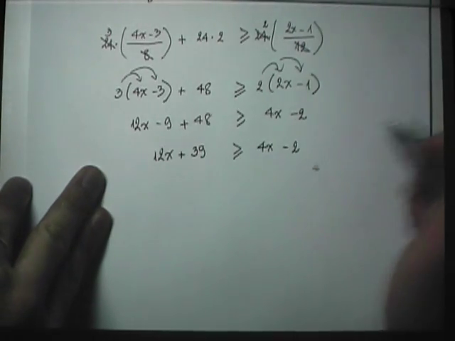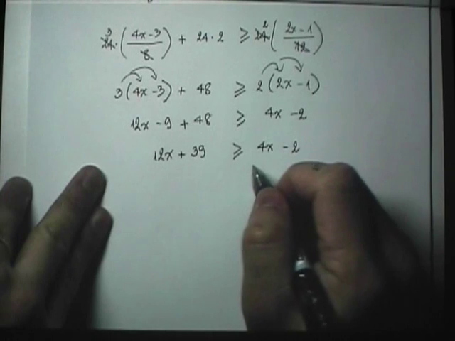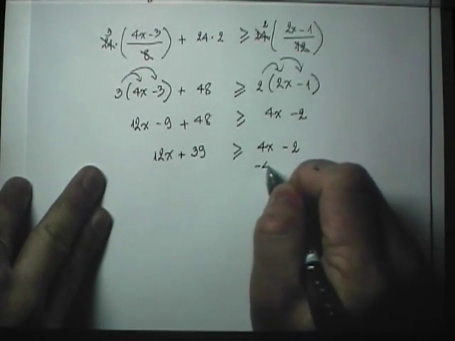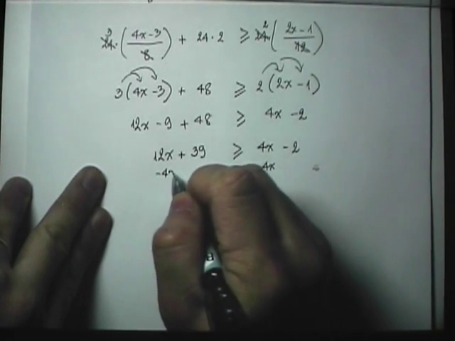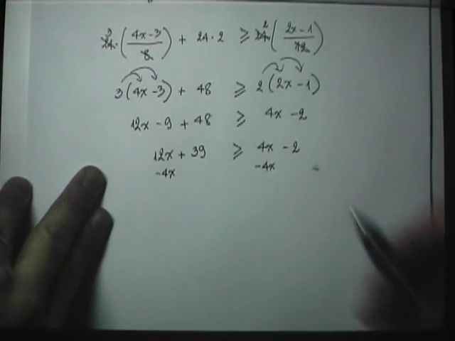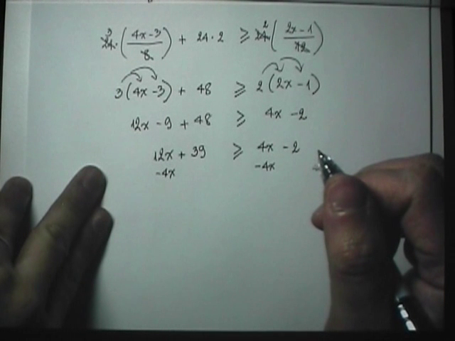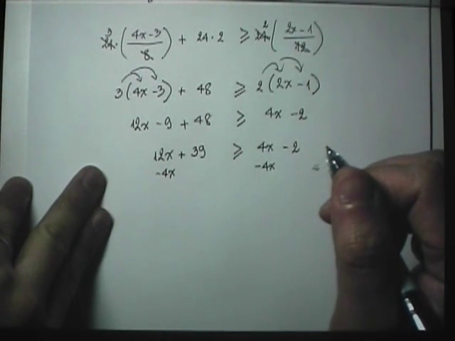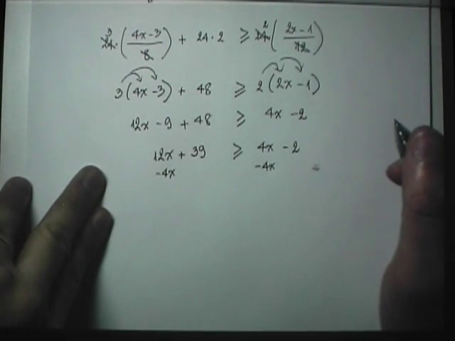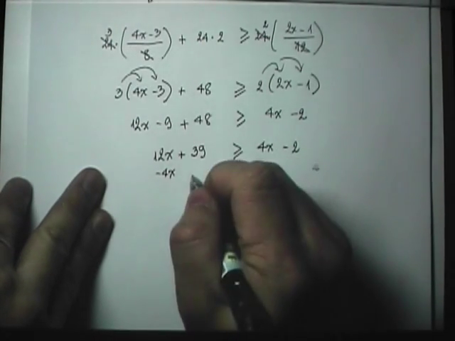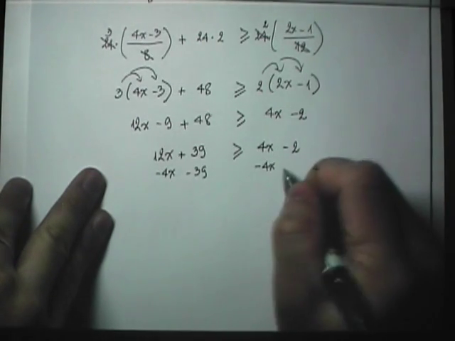To solve for x, I need to subtract 4x from both sides, and subtract 39 from both sides.